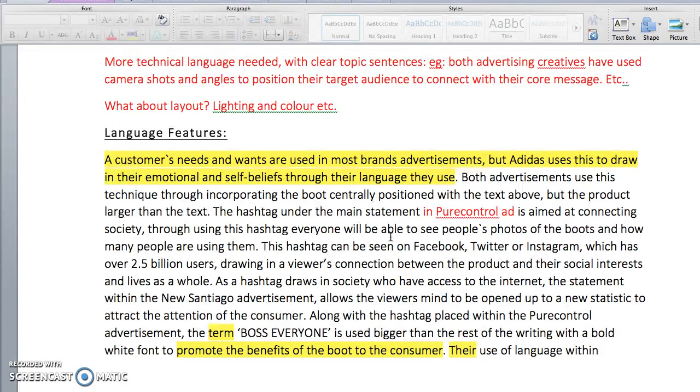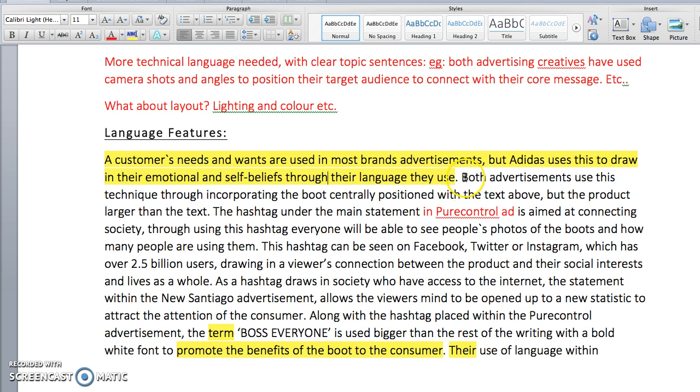Jargon, not repetition, inclusive pronouns, you, and what desire are they trying to appeal to? You say needs and wants used. Well, they're not used, they're appealed to in all advertisements. Yes, and so Adidas cleverly uses this to draw in their target audience's emotional and self-belief through the language that they use.